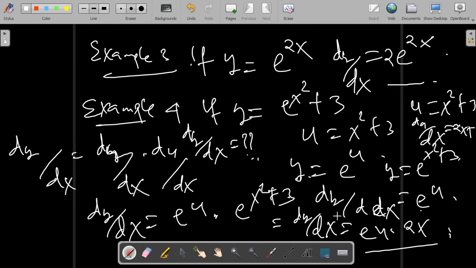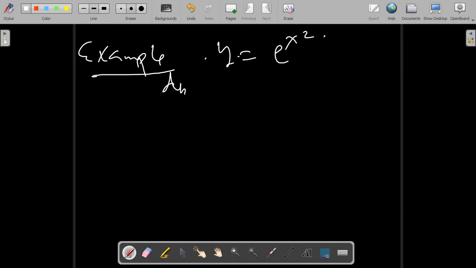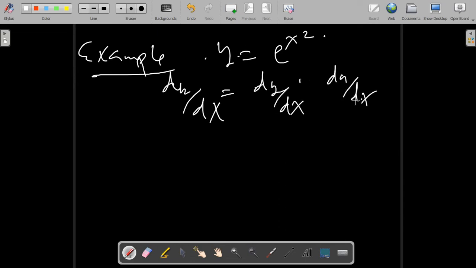Let's look at another example for more understanding. For example, y is equal to e raised to the power of x squared. Now from this formula, dy over dx is equal to dy over du times du over dx.